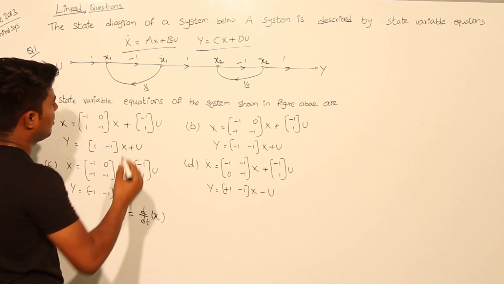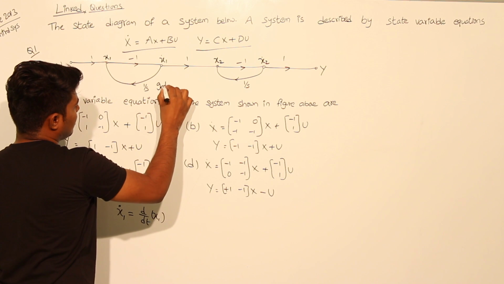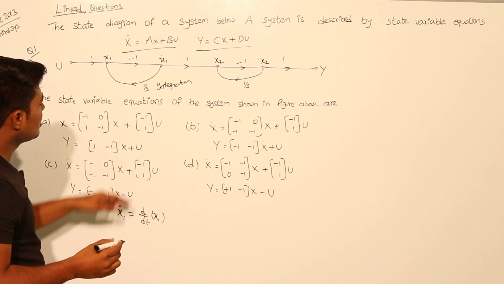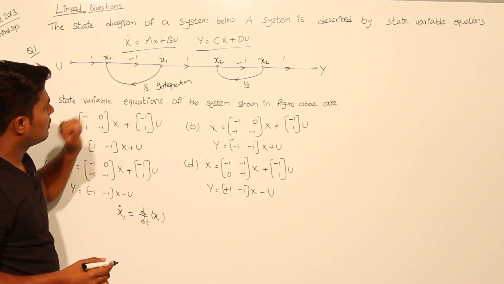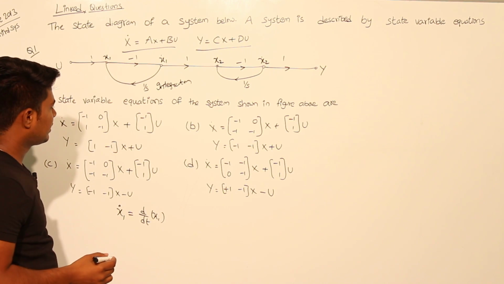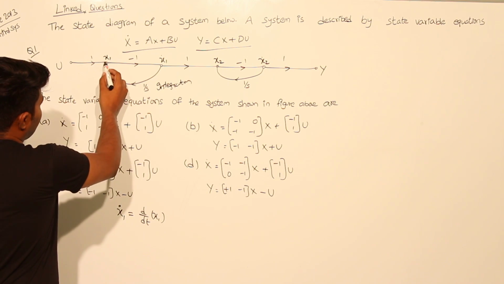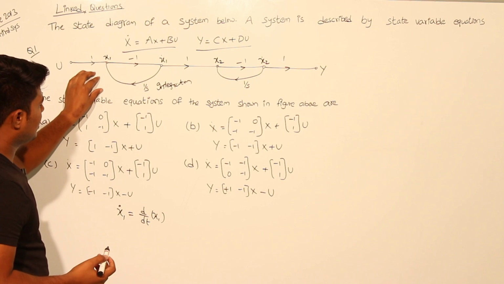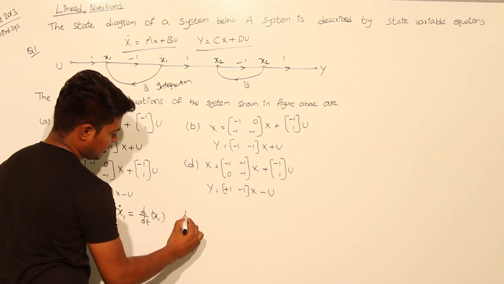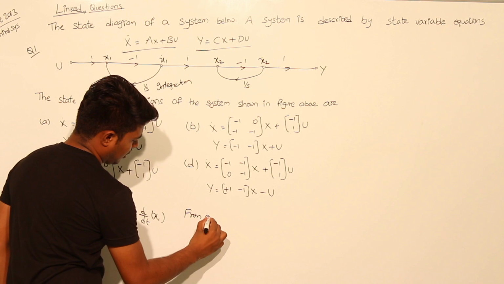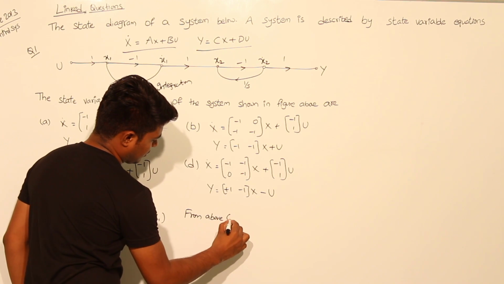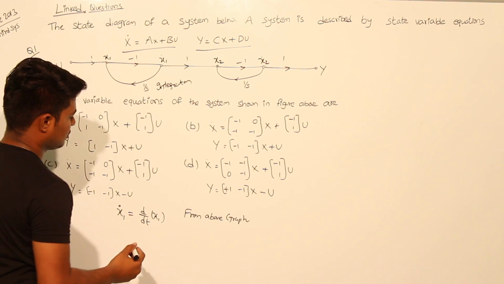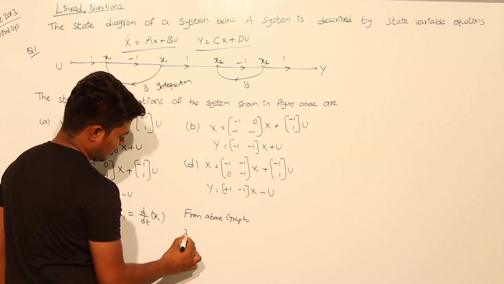If you observe here, 1 by s means integration. If you perform integration, the differentiation gets cancelled and we are finally left with x1. So we write x1, x1 dot, x2, x2 dot. From the above graph we can write some equations with respect to x1, x2, x1 dot and x2 dot.